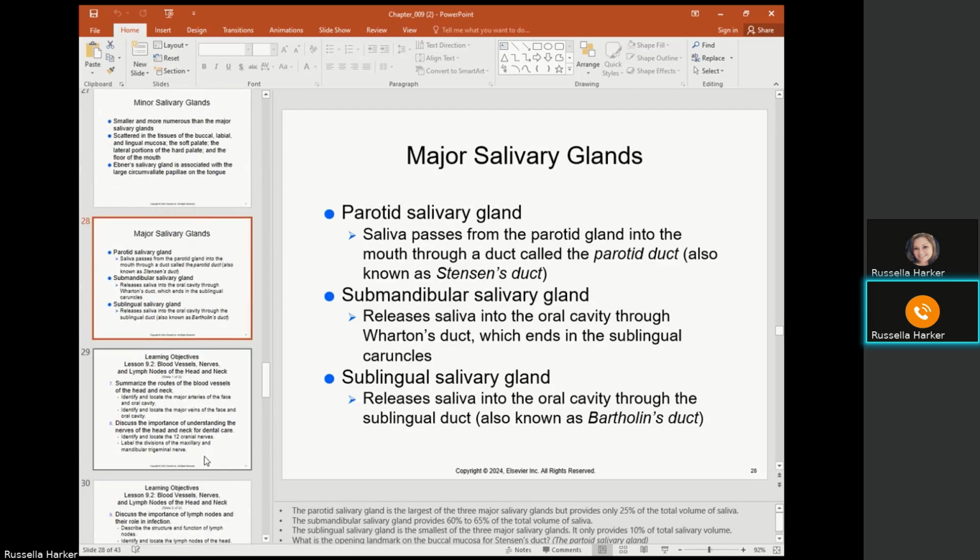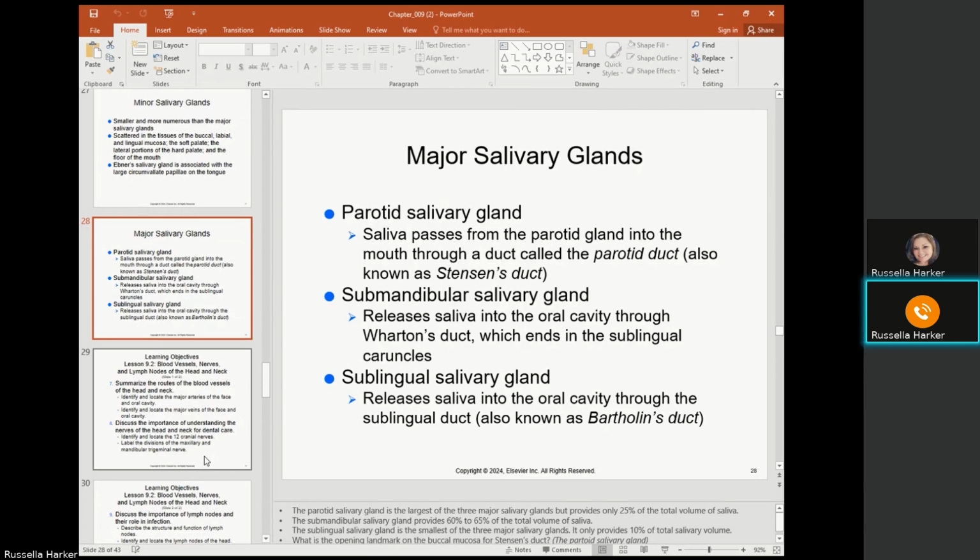With the salivary glands, if they're a major salivary gland, they would be the parotid salivary gland, which passes saliva from the parotid gland to the mouth through a duct called the parotid duct, also known as Stenson's duct. And you do need to know this path of where the saliva travels.